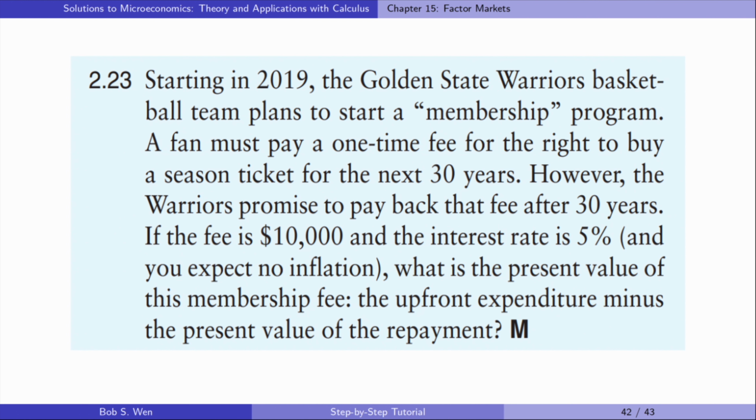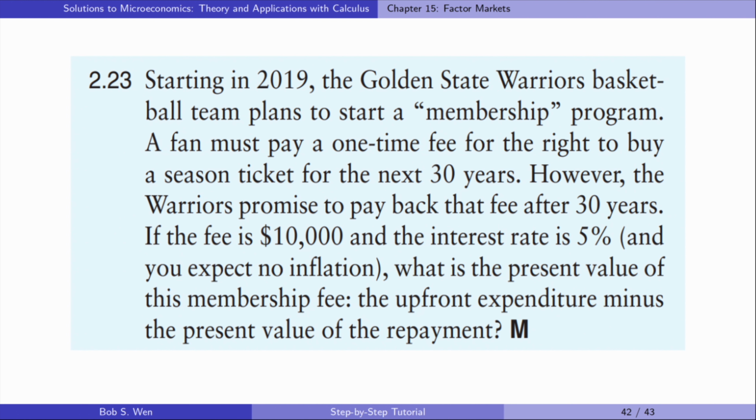Let's go to exercise 2.23. Starting in 2019, the Golden State Warriors basketball team plans to start a membership program. A fan must pay a one-time fee for the right to buy a season ticket for the next 30 years. However, the Warriors promise to pay back that fee after 30 years.